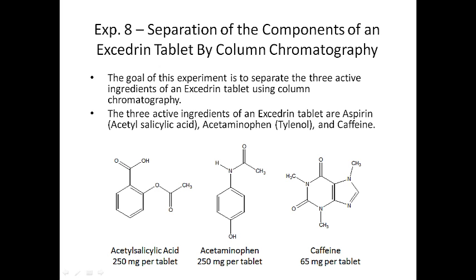So the second way that we oftentimes separate components in a mixture of materials is to do column chromatography. Now, if I take a step back here, the reason why we have to worry about separating the different components in a mixture is because it's easy to run an organic reaction.